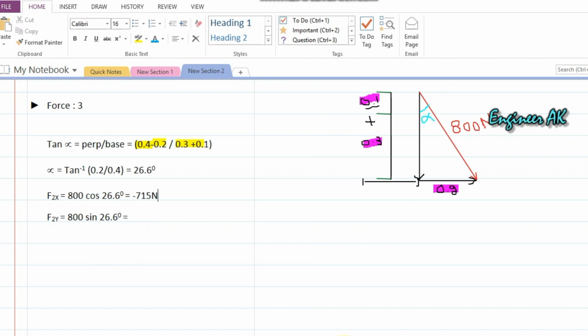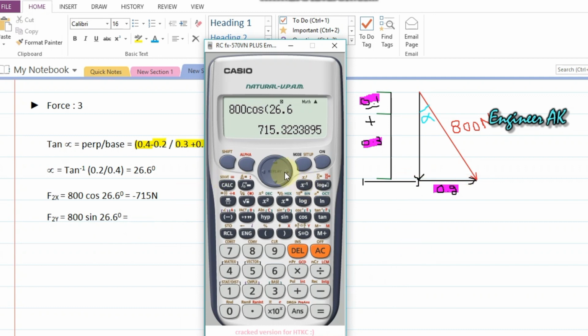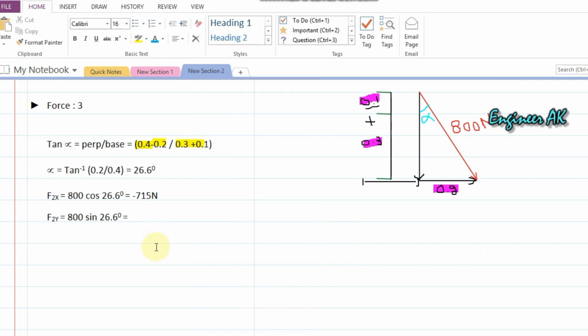And if I want to find this x component, I will just plug in here 800 sine of 26.6 degree, so it comes out to be 358 Newton, right? 358 Newton, right?